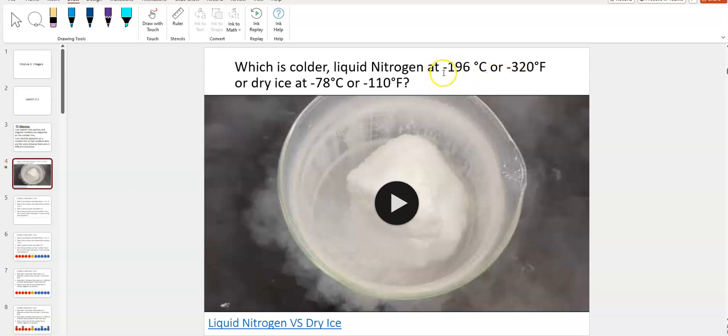Liquid nitrogen is negative 196 degrees Celsius or negative 320 degrees Fahrenheit. Dry ice is negative 78 degrees Celsius or negative 110 degrees Fahrenheit. And the first thing you're going to do is pause the video and write down your guess of which one is colder, liquid nitrogen or dry ice, and preferably why. Why do you think that based on the information you're given?